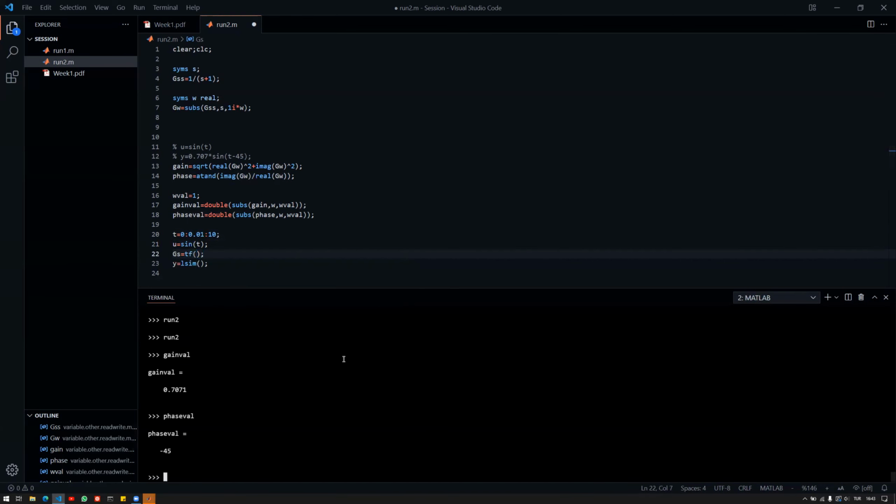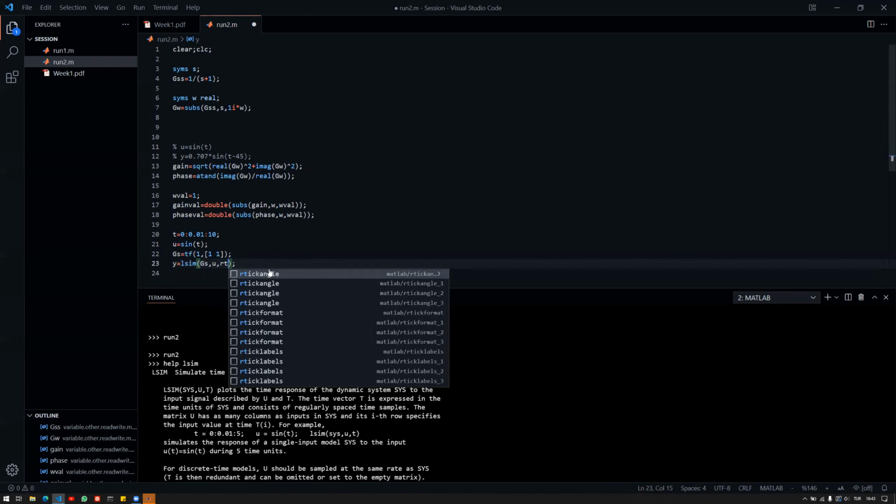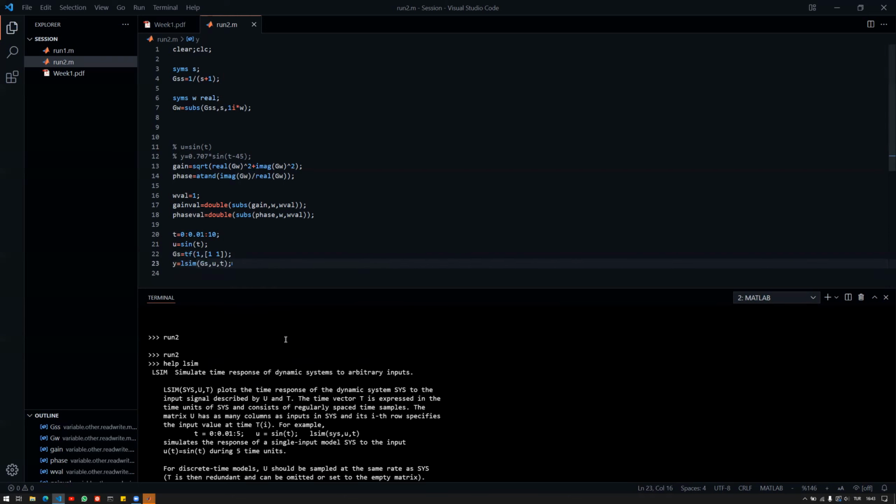Again, if you don't recall, you can always go ahead and ask for MATLAB, and it will say that you need a certain transfer function, an input, and a time vector. And it will generate the output. It will simulate the response of the dynamic system. So since this is a basic system, we've defined that, and the usage is lsim G, u, t.